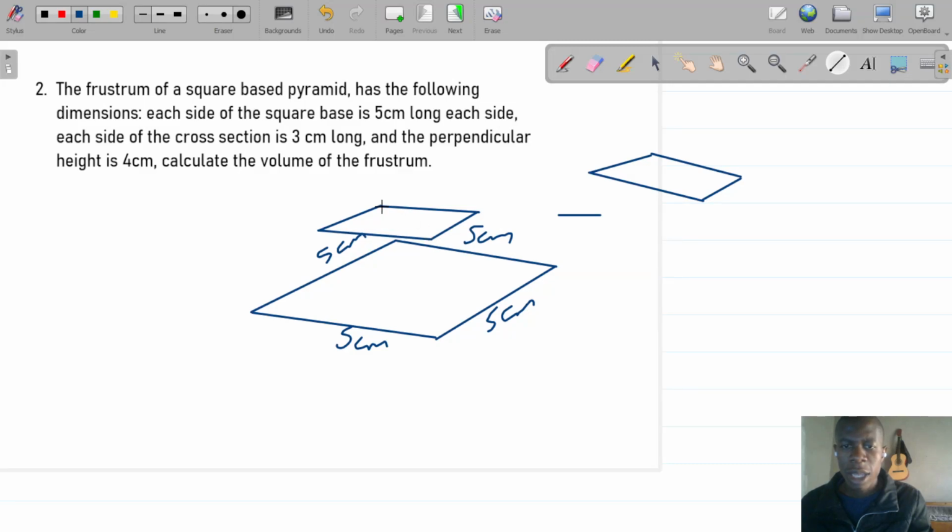Okay, so this is the cross-section part. My drawings are not that bad, are they? All right. So we have each length is 3 centimeters, 3 centimeters.